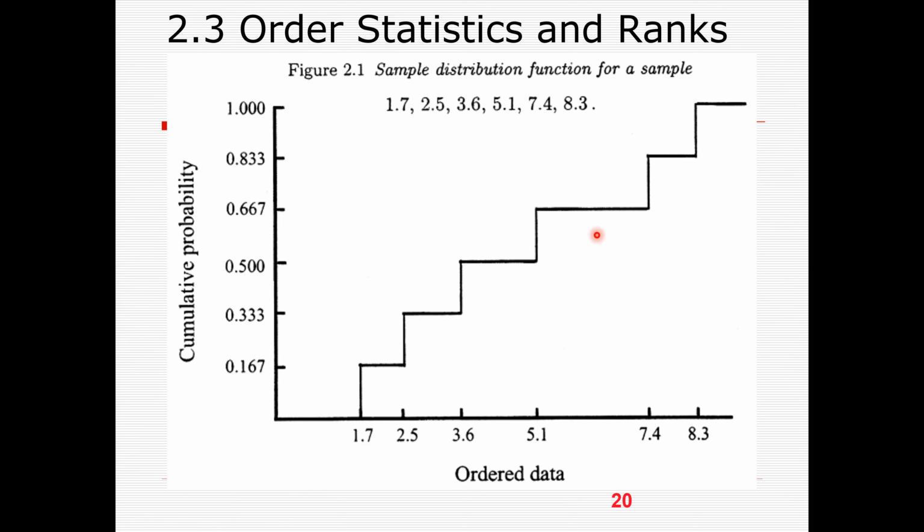An extreme case is when we have infinite observations in a sample, then its SDF should be a smooth curve, right? Another extreme case is when we have only 2 observations in a sample, then the SDF would have only one big step like this, right?